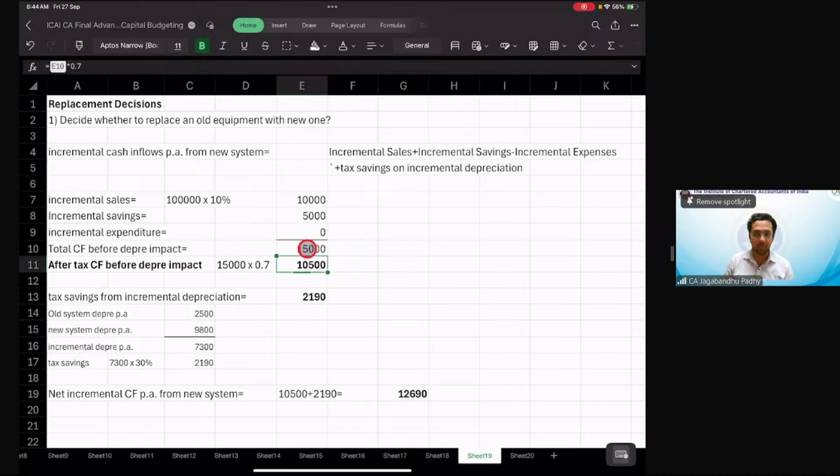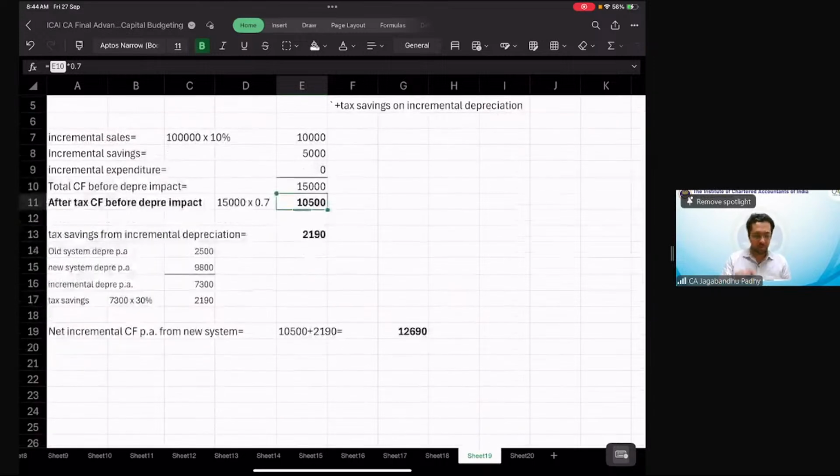Earlier, when we were doing this 15,000, we didn't consider the tax impact of this. In the previous working, tax was not given due consideration. Got it, Sarita? Okay.